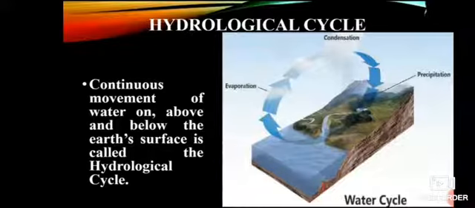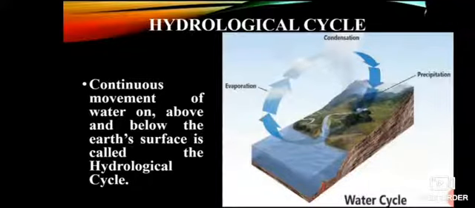Most of the earth's water is in the oceans. The sun, which drives the water cycle, heats the water in the ocean. The three major processes involved in the water cycle are evaporation, condensation, and precipitation.